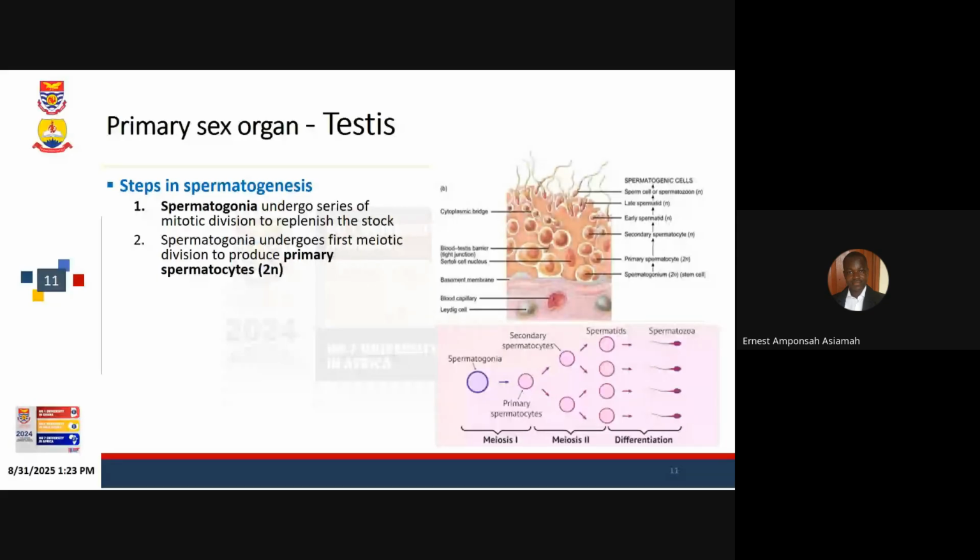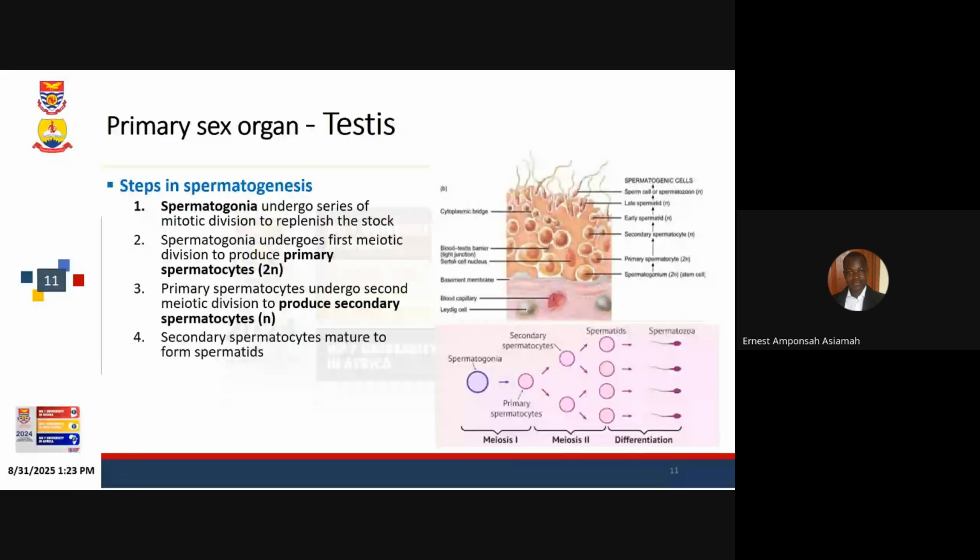But then the primary spermatocytes will undergo the second meiotic division, so that they become what we call the secondary spermatocytes. Now, these secondary spermatocytes are now haploid.